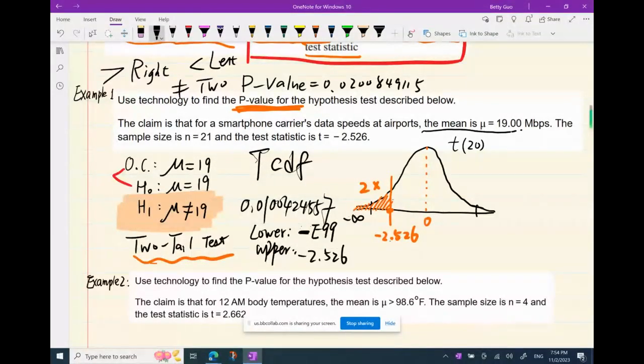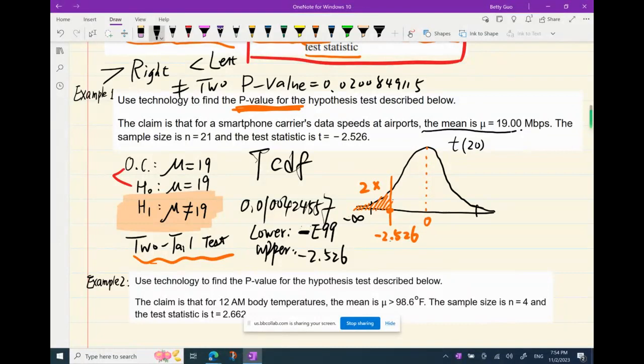Read the question. The question shows the claim is that the smartphone data speed at the airport has a mean equal to 19. Sample size is 20. It doesn't say anything else. It doesn't say more than or less than. In that case, it's more reasonable to assume the alternative is not equal to.